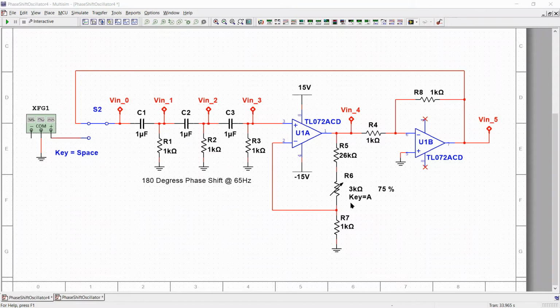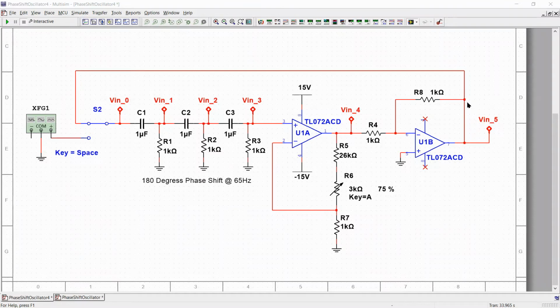So this non-inverting amplifier, we want to kick that up 29 times. So what we have coming out is the same peak as what we started with, but it's out of phase. And then we're going to put it back in phase with this inverting amplifier, so with a -1 gain. And so coming out of here, Vn5 should be the same amplitude and the same phase as what was originally coming in.